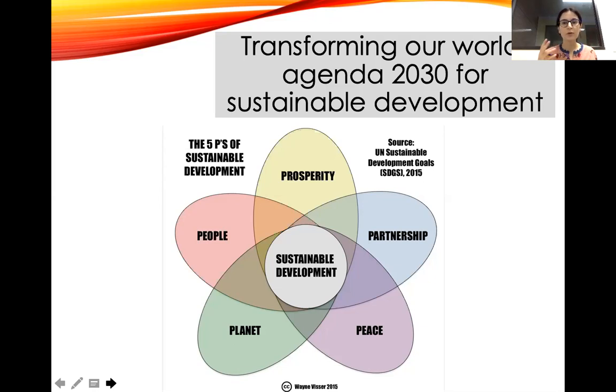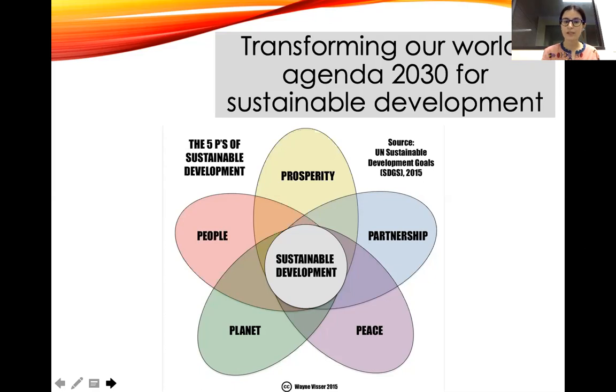Because if you look at a lot of data, especially with reference to environment, you will see that areas of conflict, areas that do not have peace or have not achieved peace yet, their problems relating to the sustainable development goals would be more compared to places that have been able to achieve peace.